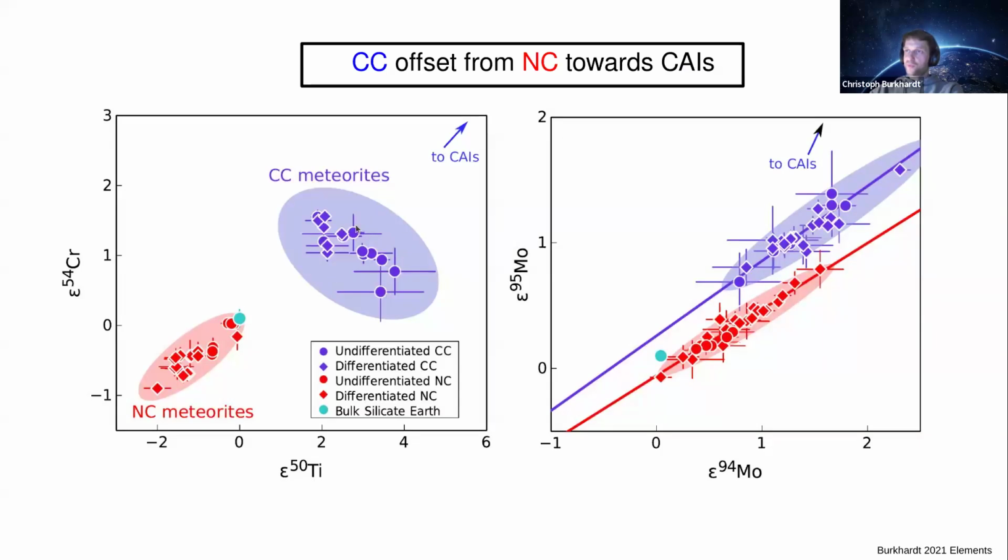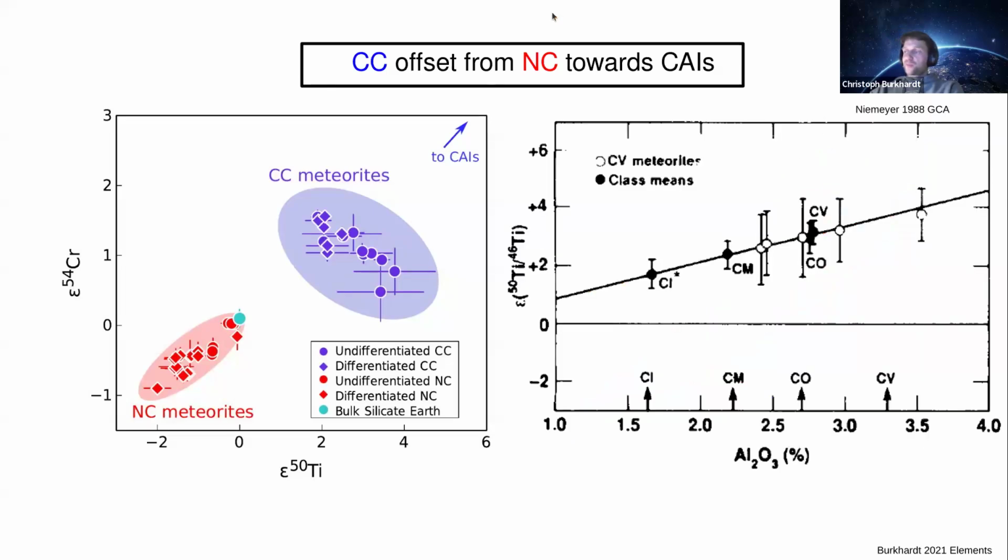These CC meteorites are offset from NC meteorites in the direction of CAIs. This is not particularly surprising because everybody that ever looked at a carbonaceous chondrite knows there are CAIs in it, and if they are anomalous, then that will have an effect on the bulk isotope composition of the meteorite. And this is not something new.